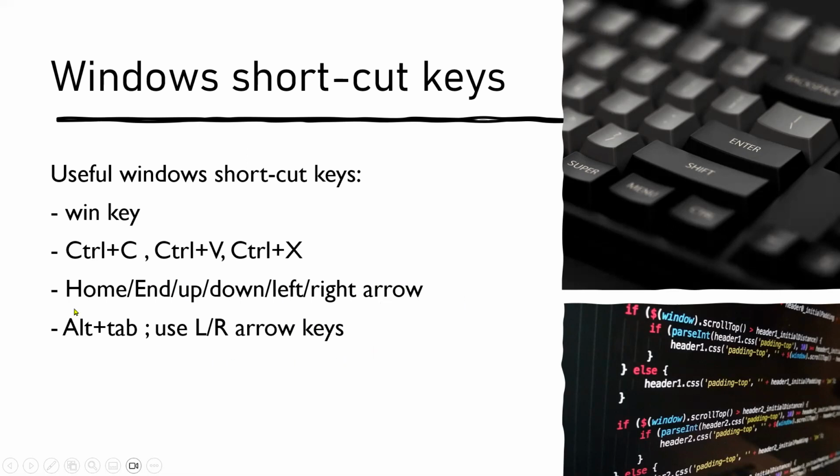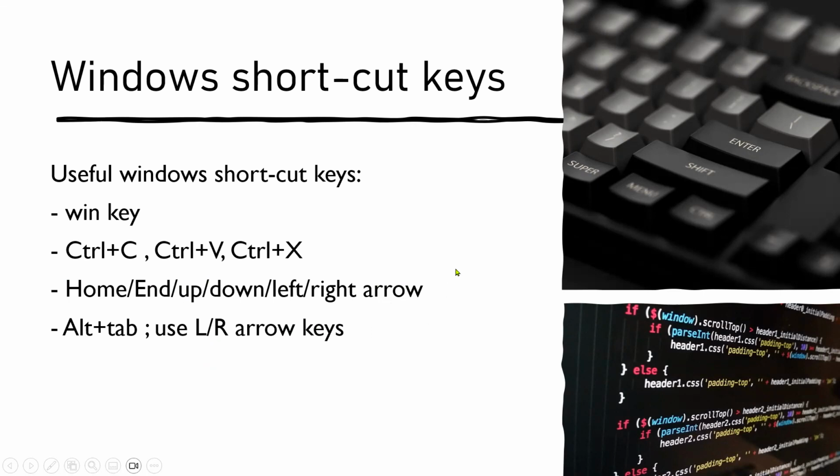You also need to know about Home and the up, down, left, right arrow keys. They will be very useful when you are moving your cursor inside a program. There is also Alt Tab. You can switch between different windows. Sometimes you can switch to the browser window, then you can switch to the text window, and also use the left, right arrow keys.